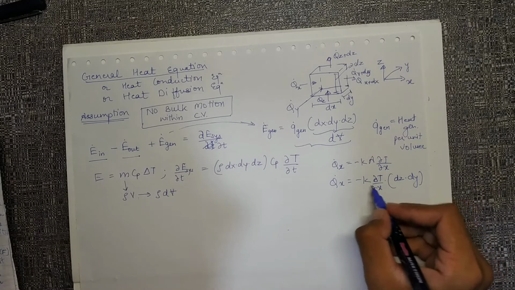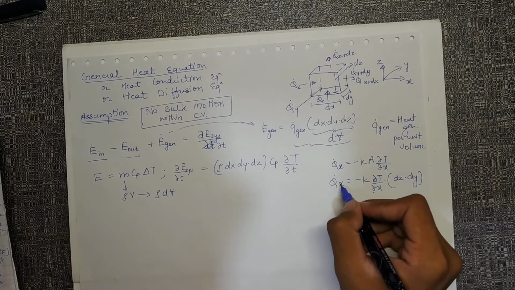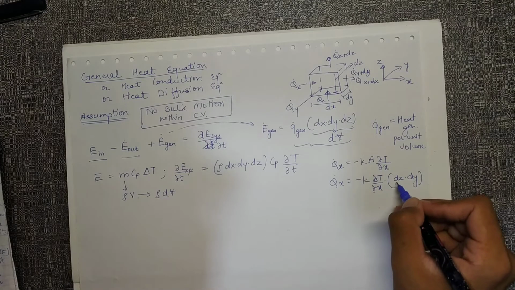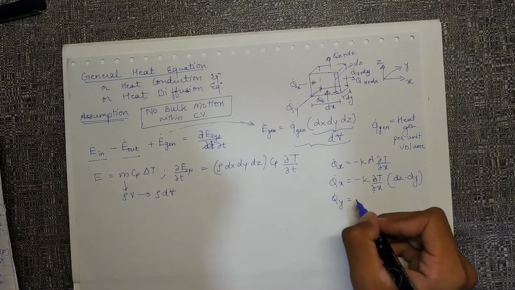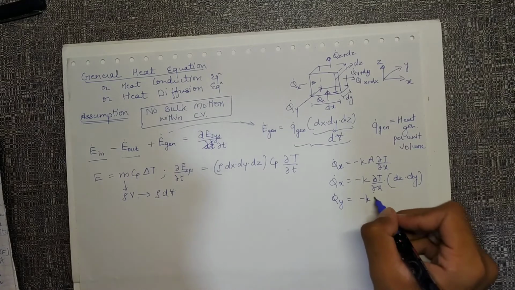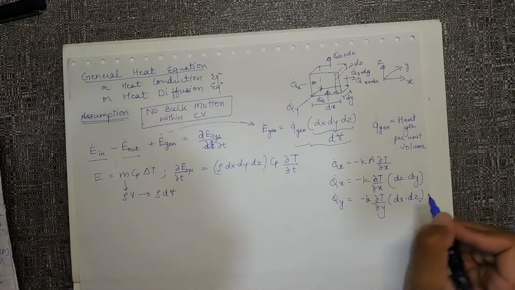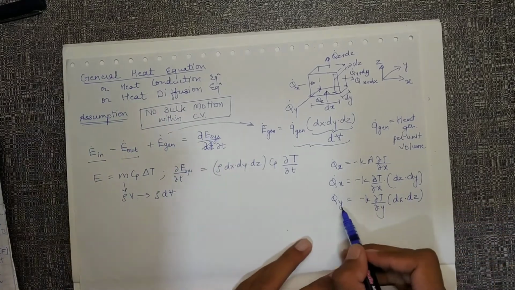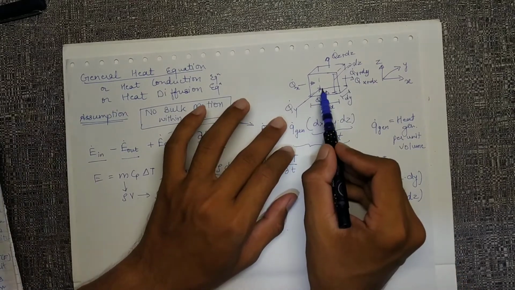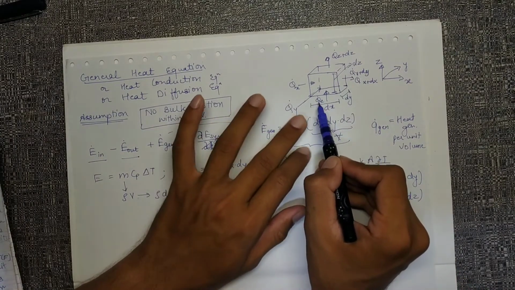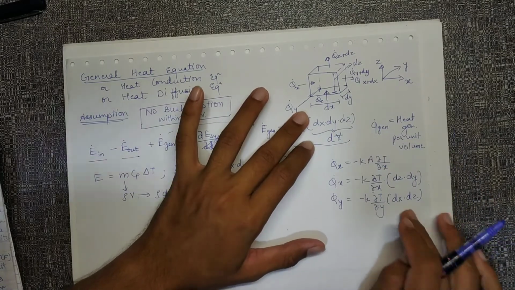If the partial differential is with respect to x, that is, if we are finding q dot in the x direction, the areas are y and z. If I am finding y, it will be dx into dz. We can verify it here also: y enters from the front face, so the length is dx and the height is dz.